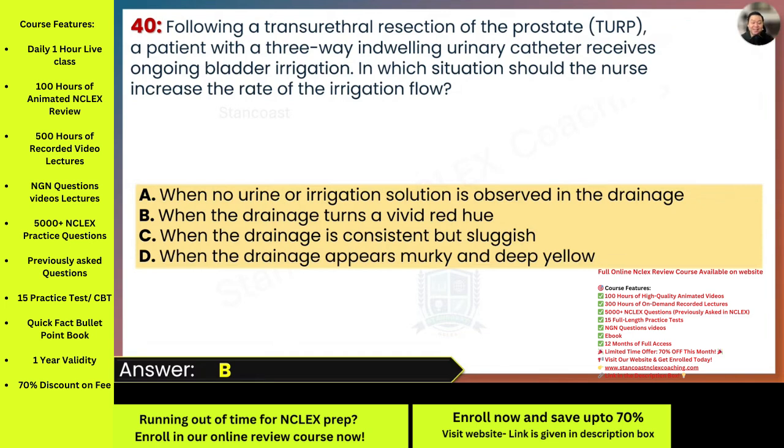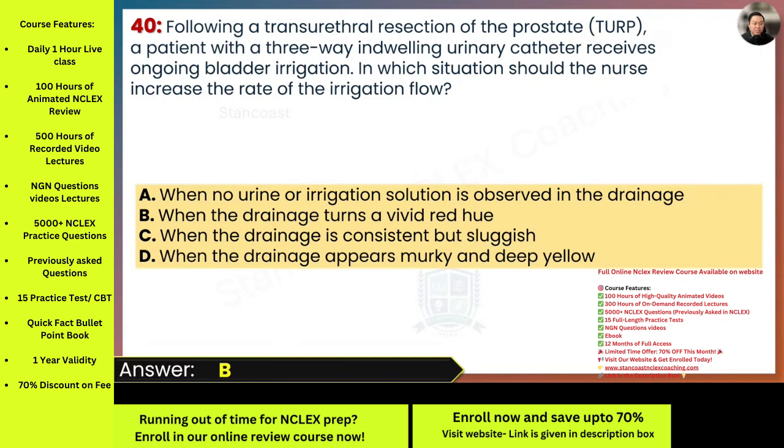In this case, the flow rate should not be increased, but rather the nurse should check for blockages or reposition the catheter. The complete absence suggests a more serious issue. Maybe there's a catheter kink or maybe clot obstruction, and this is going to require immediate attention rather than just adjusting the irrigation flow. Letter C is also incorrect.